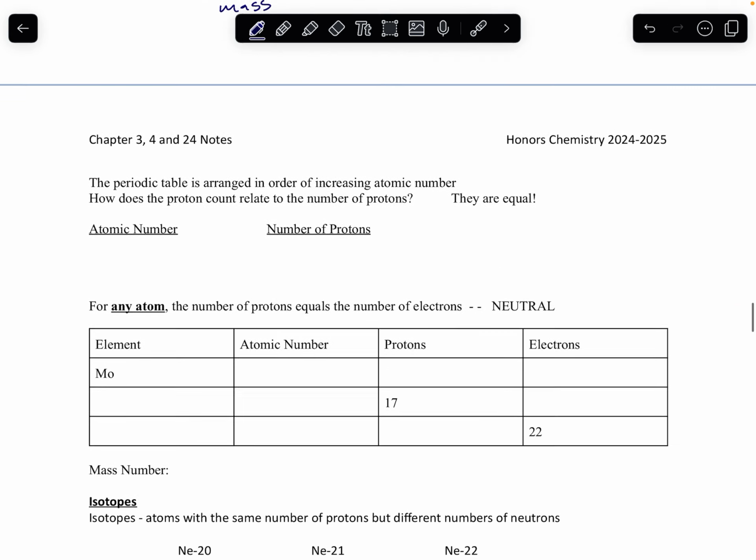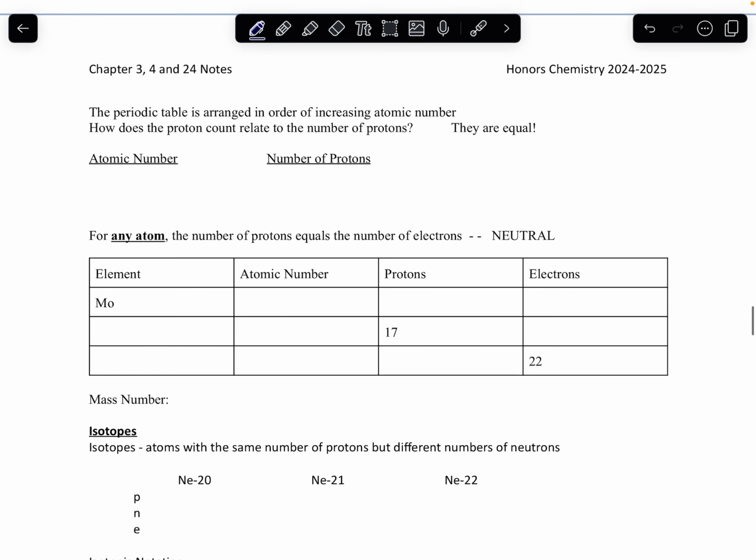Okay, so let's go on. On the periodic table, you'll note that if you find those atomic numbers, as you read it like a book, starting at the top left, going left to right, top to bottom, those atomic numbers are always increasing. So, atomic number always equals the number of protons.